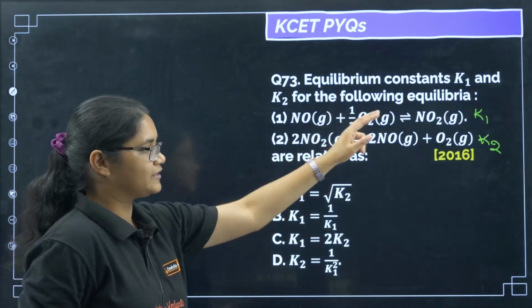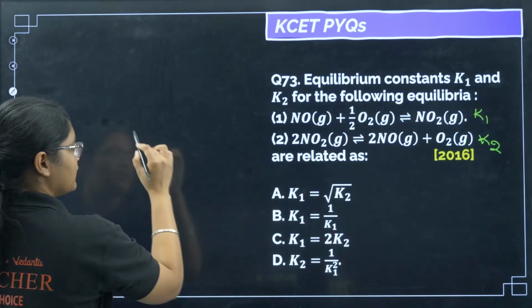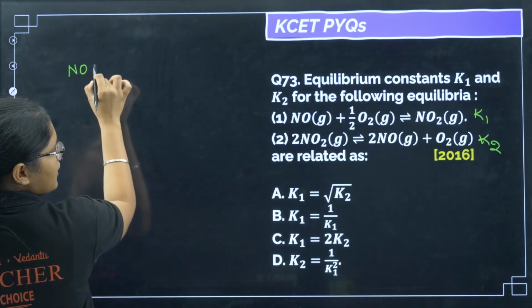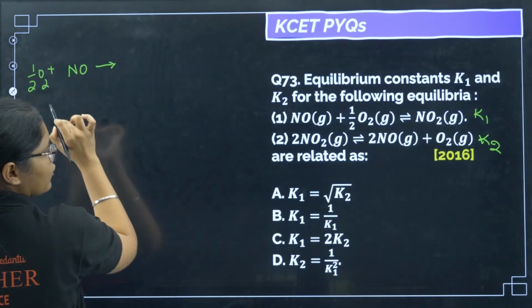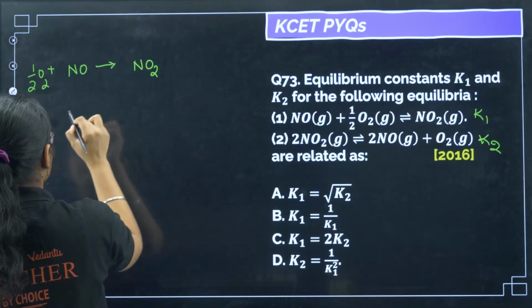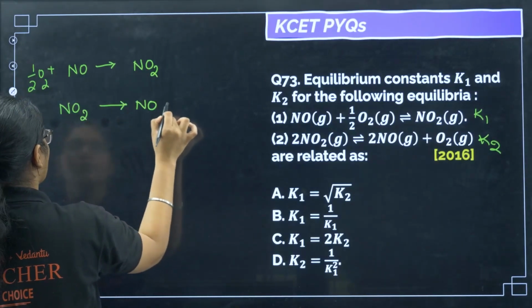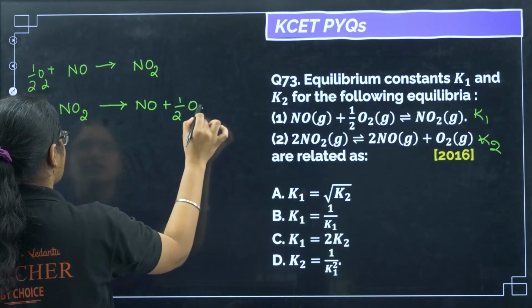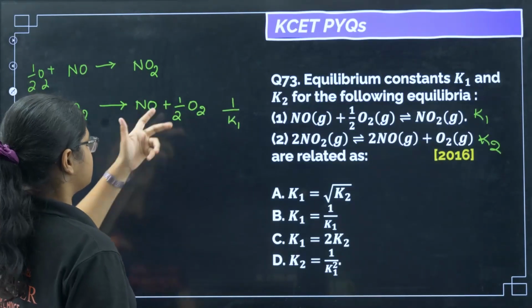When I reverse the reaction, the equilibrium constant becomes inverse, right? So NO plus half O2 gives me NO2. Now when I reverse this reaction, I will get NO plus half O2, and that will become 1 by K1.